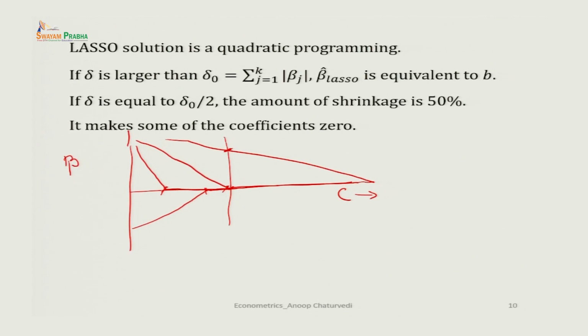So, it is actually serving a dual purpose. It is selecting the relevant variables, making some of the regression coefficients equal to 0 means the procedure is not selecting those variables, and then it is shrinking the other estimators.